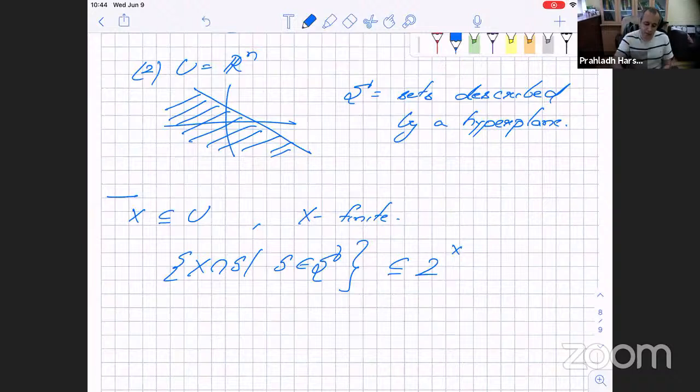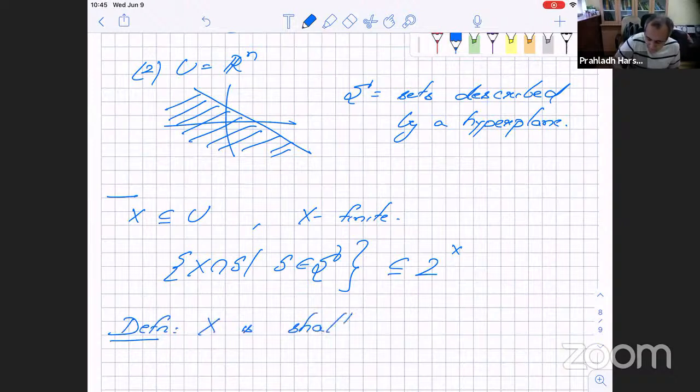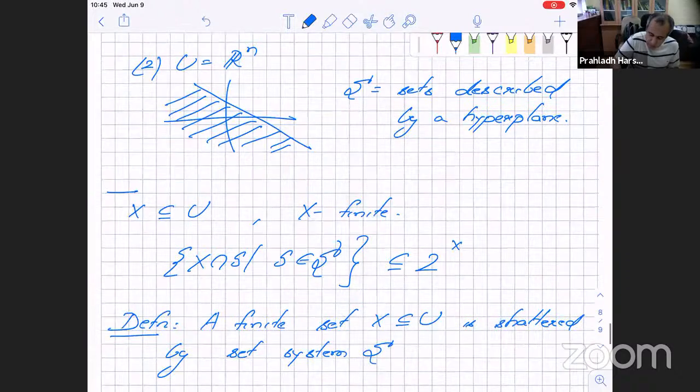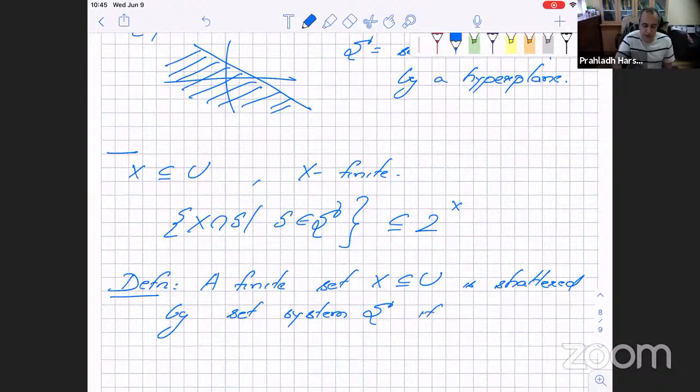And this is an important definition. We'll say that a finite set X of the universe is shattered by the set system S if this happens to be an equality.